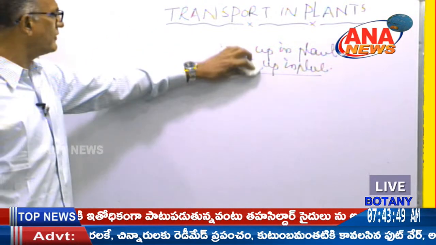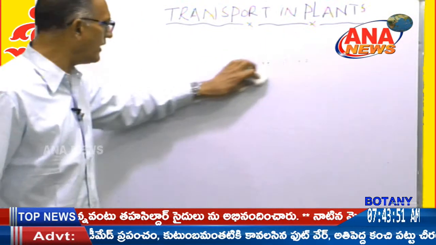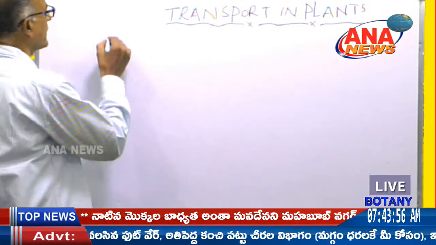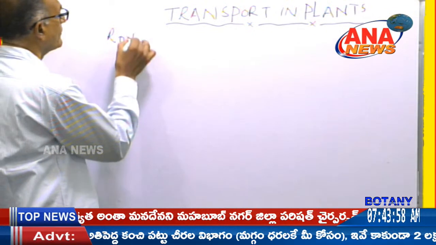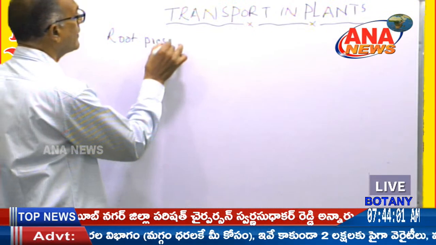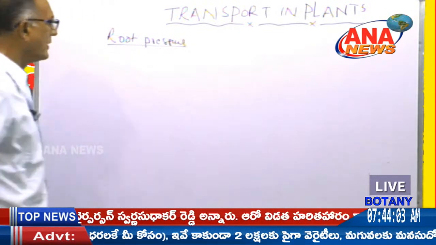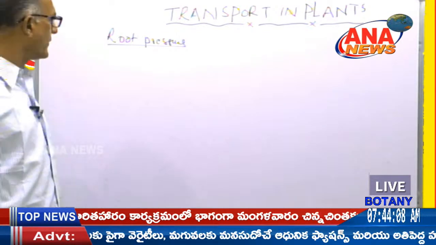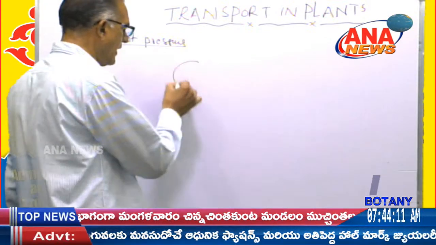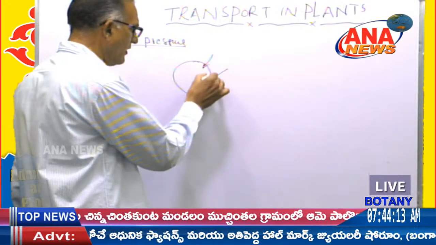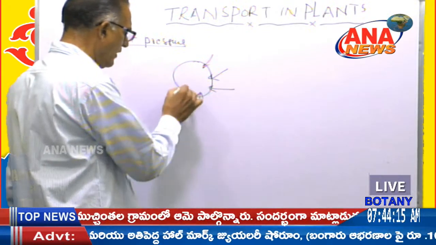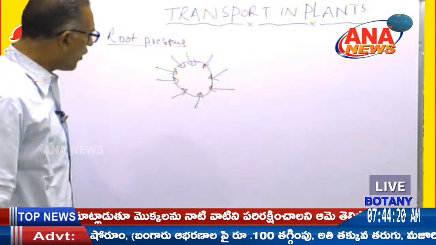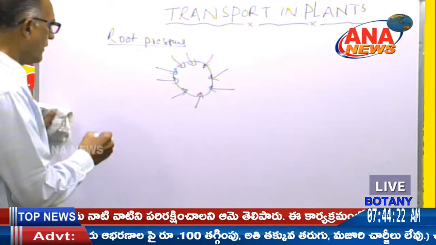So the first one is root pressure. One of the generating forces is root pressure. As the mineral ions enter into the root cell, they follow the water potential.